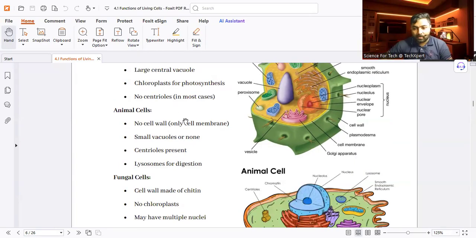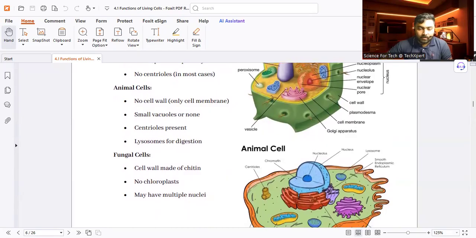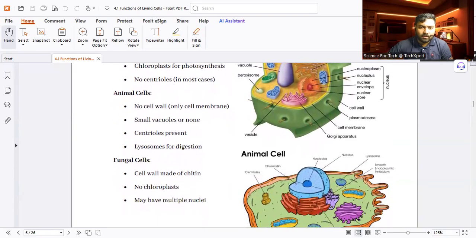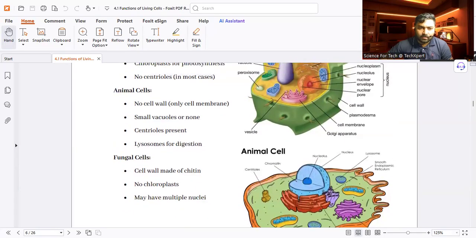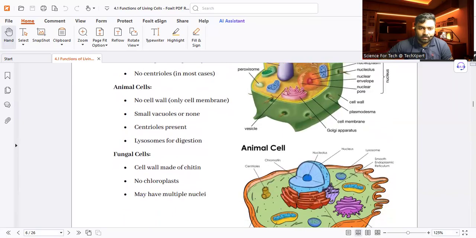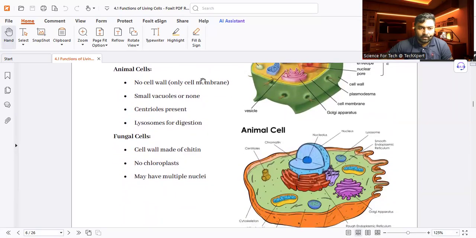We have a comparison in this tute later on, so you can easily memorize those things. Just keep in mind these three, four points.